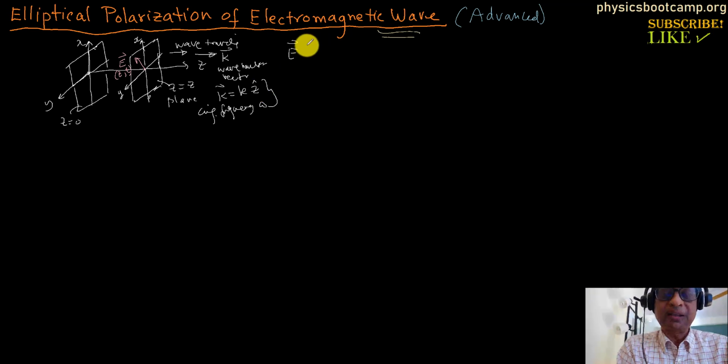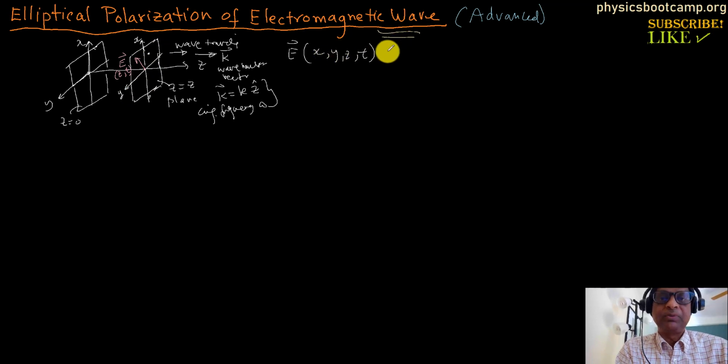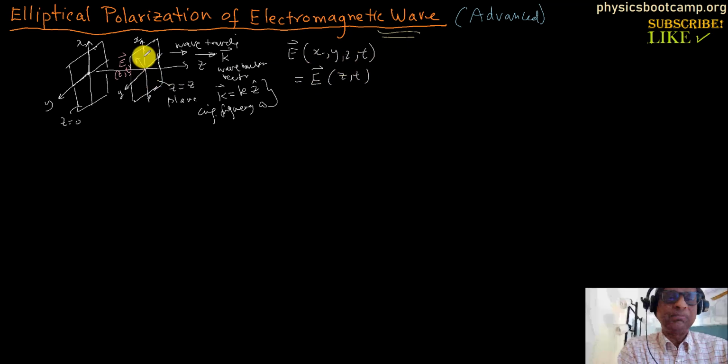So E at any point, we're taking a plane wave. So E at any arbitrary place x, y, z, t will be only dependent on z and t. So if I go in this plane, it's going to be the same everywhere. At this point, it's going to be the same. At this point, same.